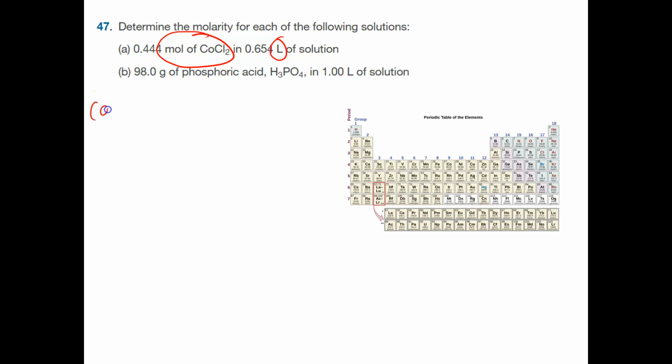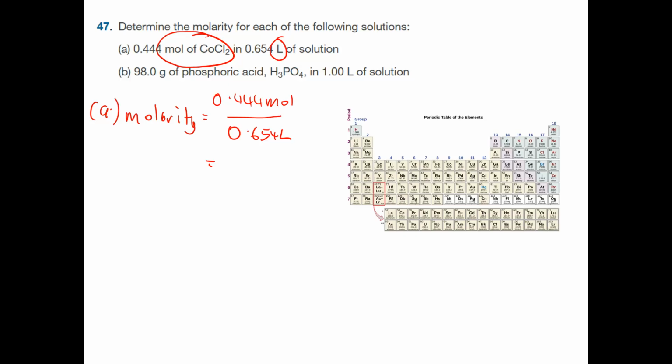So we can just go ahead and calculate the molarity using the numbers that are provided without having to do any conversions. So we got 0.444 mole divided by 0.654 liters, and then we're going to round that to three significant figures because each of the numbers that were given had three significant figures.